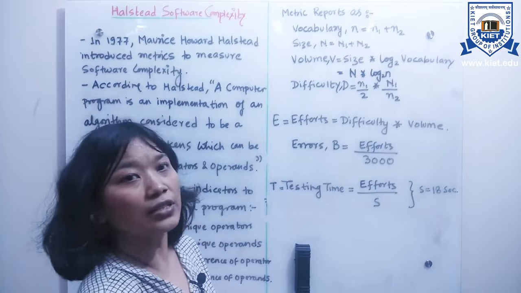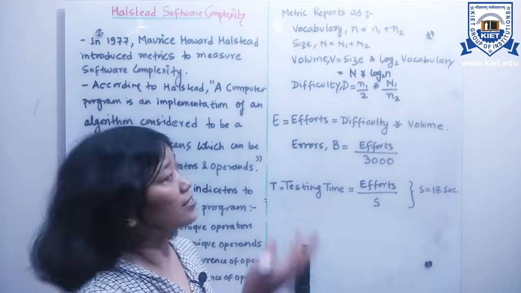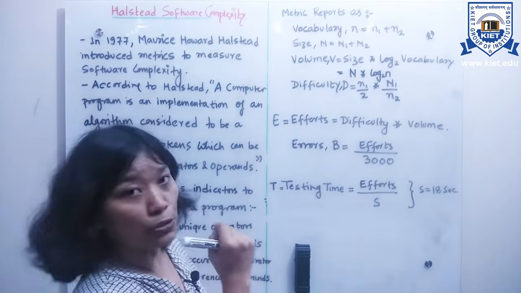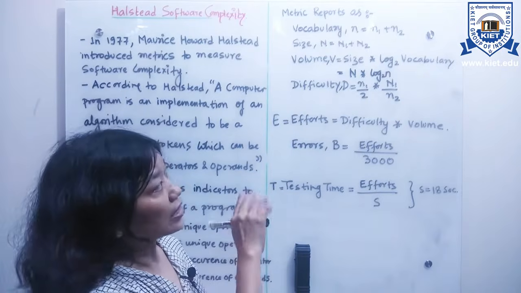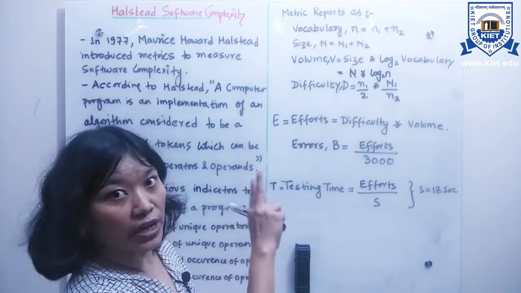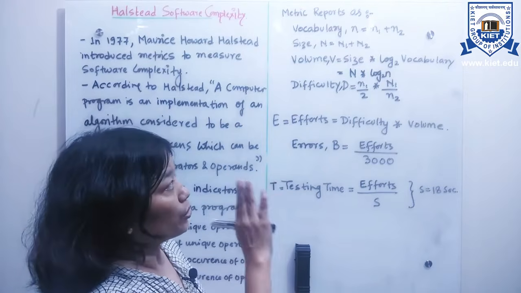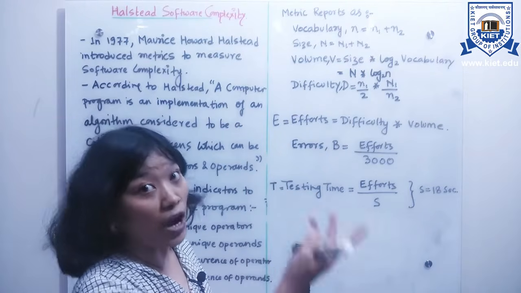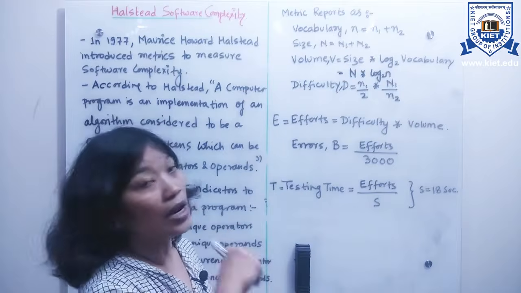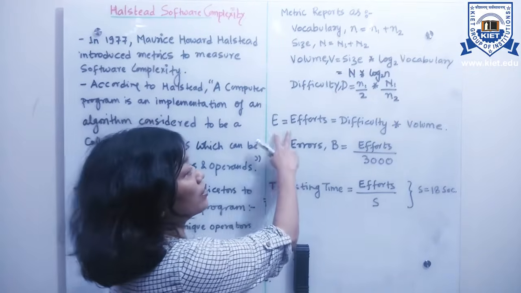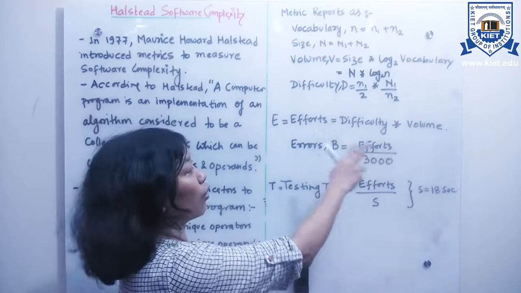Once I calculate the vocabulary and size, volume can be calculated this way. Difficulty is n1 upon 2 into n2 over N2, that is, the number of unique operators upon 2, into the number of occurrences of the operands upon the number of unique operands. Effort is difficulty into volume.